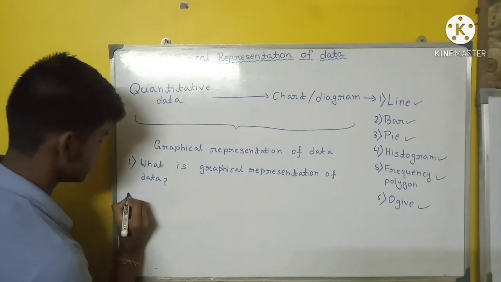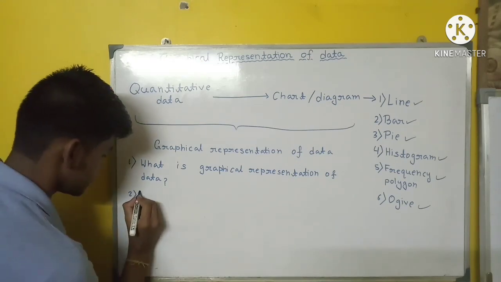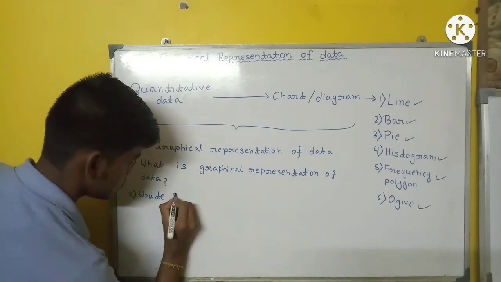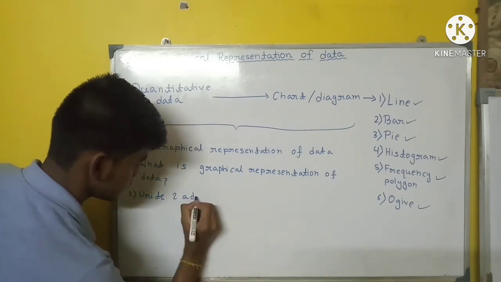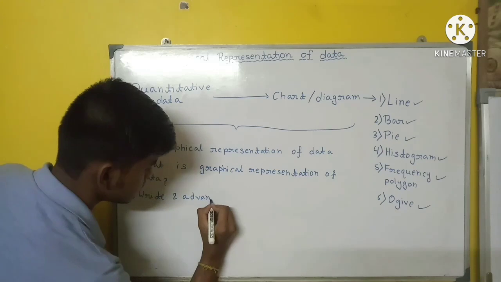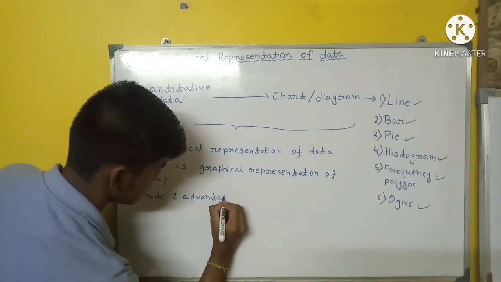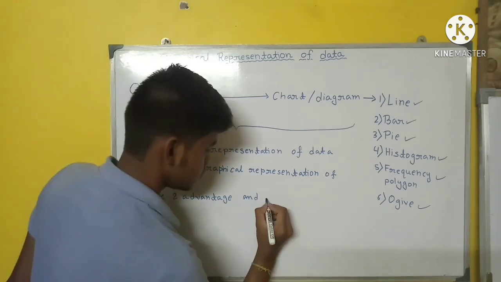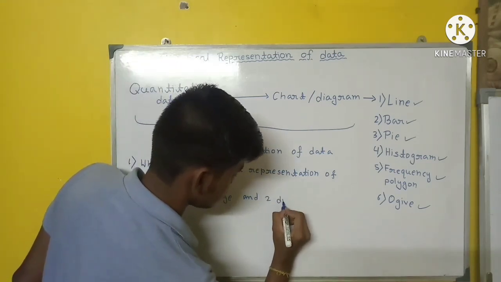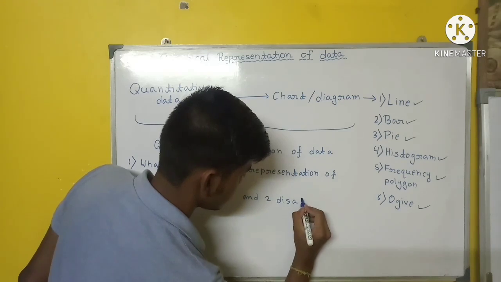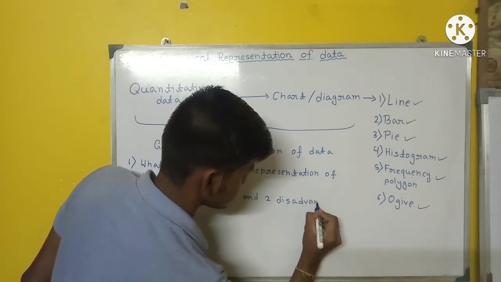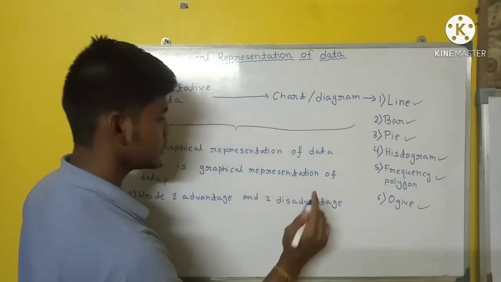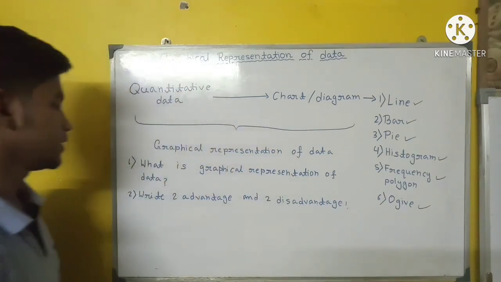The next question is, write two advantages and two disadvantages of graphical representation of data.